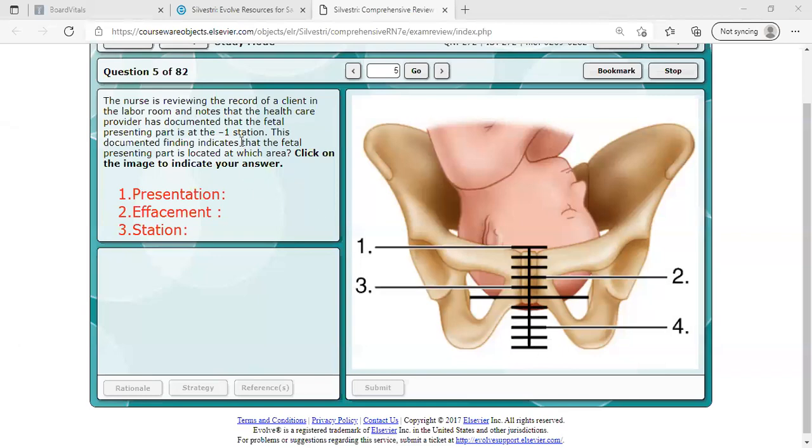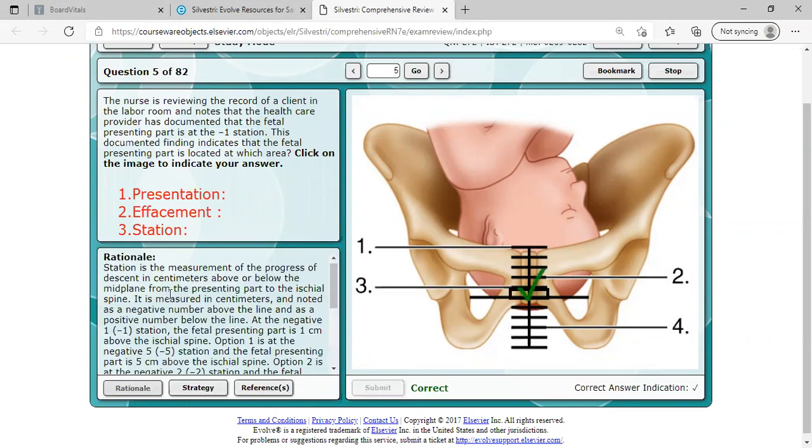So this question is asking about station. This documentation indicates that the fetal presenting part is located at what area? Because it shows -1 station, it should be in this area, because that one is plus, and this is -1, -2, -3, right? So what is the rationale?